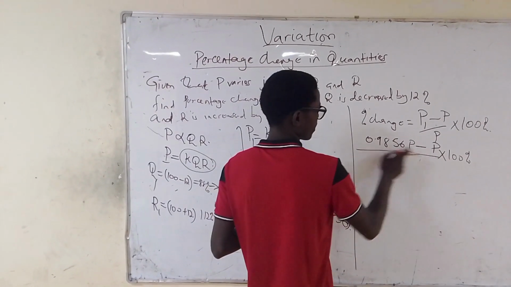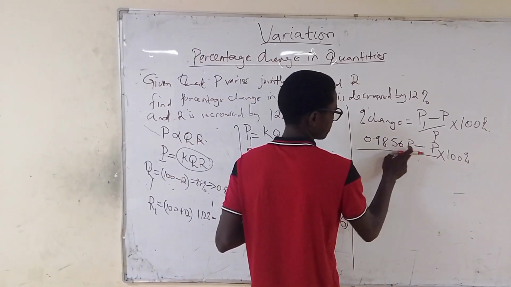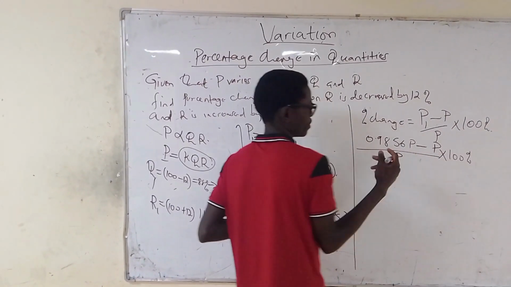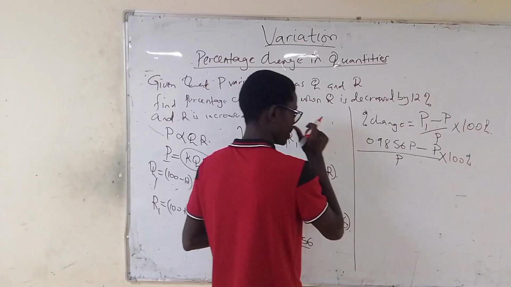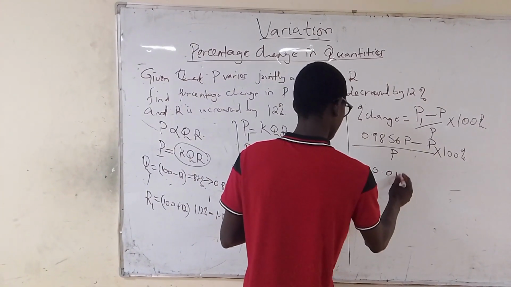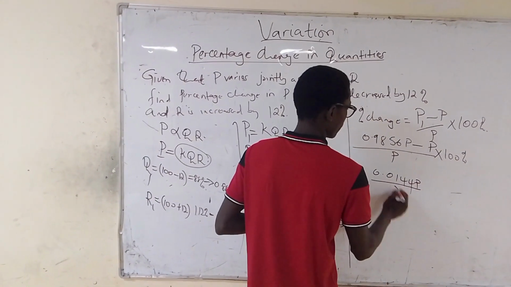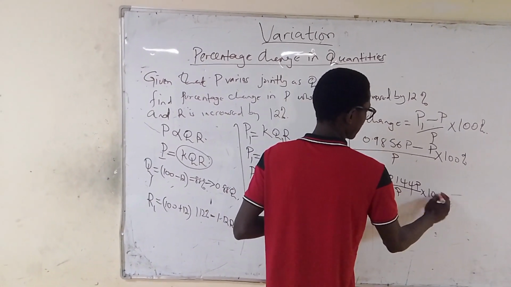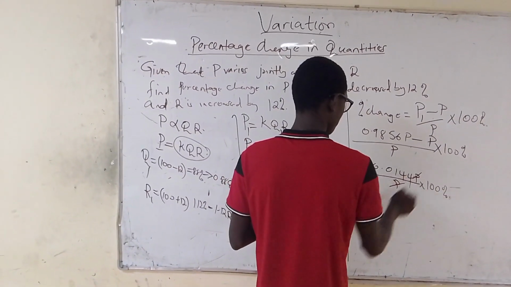So you take this one minus this one, it is 0.9856 P minus P. That is the same as 0.9856 minus 1. So you get 0.0144 P over P multiplied by 100%. Then P will cancel with P.